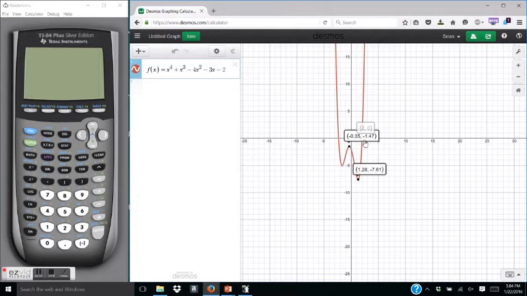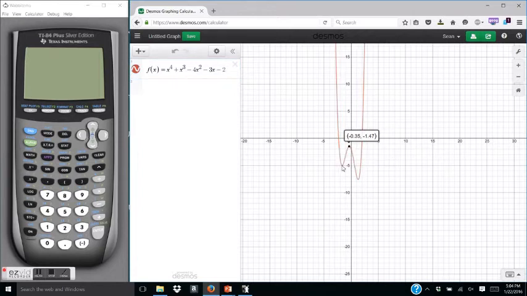And oh look, it's a negative number, but it's still a maximum. But keep in mind, this would be a relative or conversely a local maximum. And then we have a relative or local minimum at negative 1.68 with a value of negative 5.03.